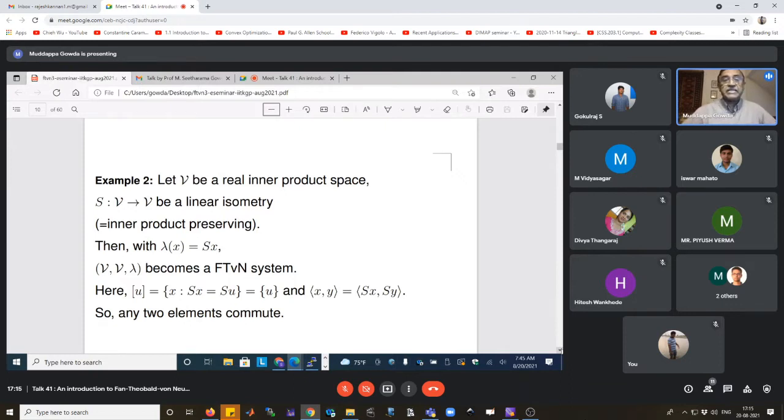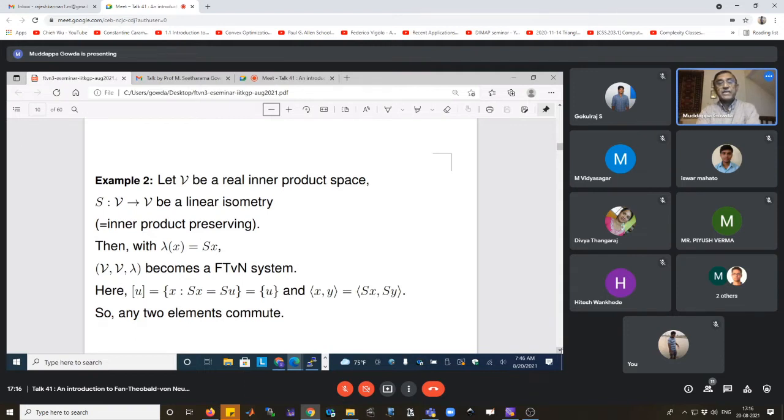And because S is a linear isometry, lambda preserves the norm, and the inner product x dot y is the same as Sx dot Sy. So the second item in the definition is obviously true. And moreover, in this situation, the lambda orbit of u, which is the set of x such that lambda x equals lambda u, which translates to Sx equals Su, reduces to just the singleton set {u}, because S is a one-to-one function.